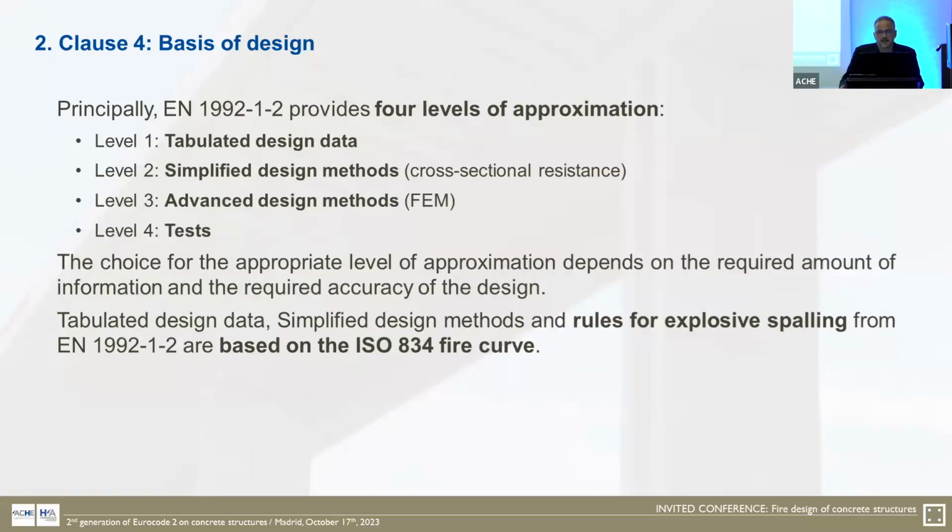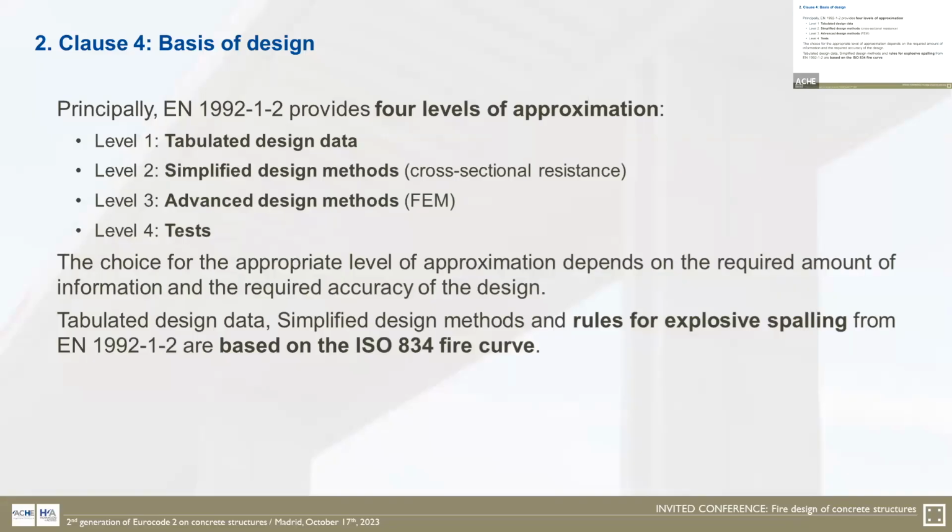Clearly, we are still within the domain of the classic approach based on the standard fire, which is the ISO 834 fire curve. So tabulated design data, simplified design methods, and also the rules for explosive spalling are primarily based on this ISO 834 fire.